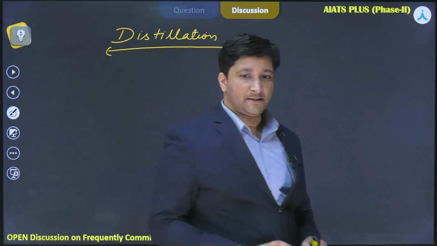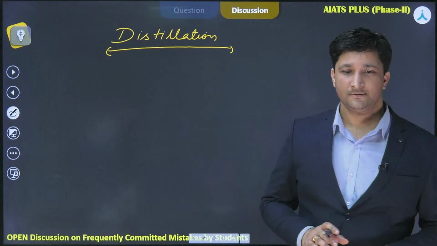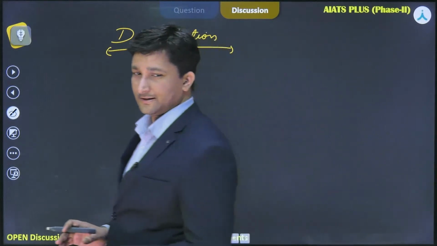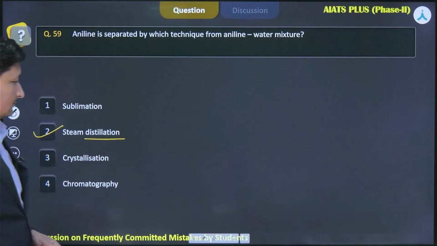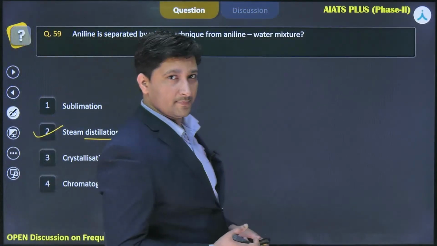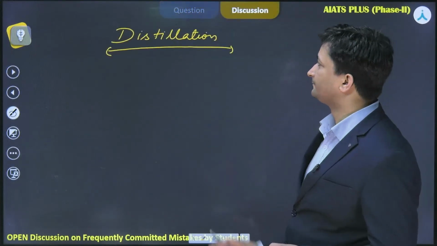Now, distillation is a technique where we are going to separate compounds. Okay, आंसर सबने बता दिया, आंसर तो मैंने मार्क कर दिया है. ओके, अभी और क्वेश्चन पूछूंगा, उसके एग्जांपल बताना. ठीक, यहाँ ध्यान दो डिस्कशन पे.